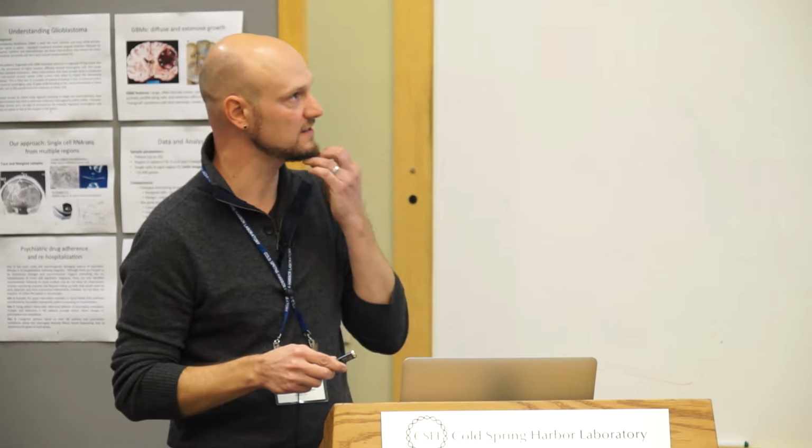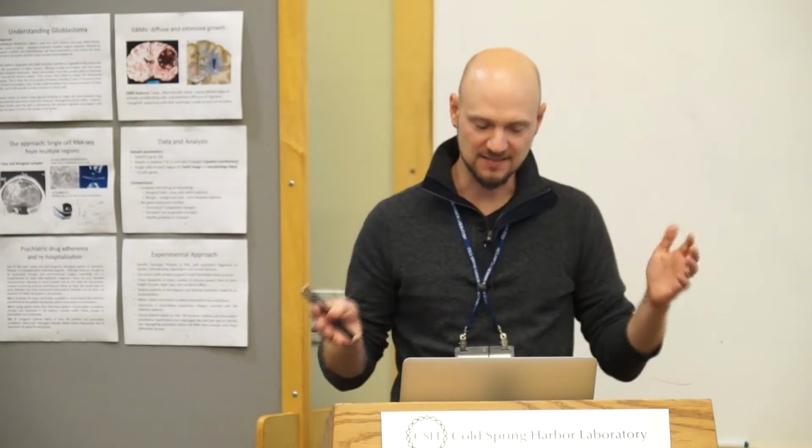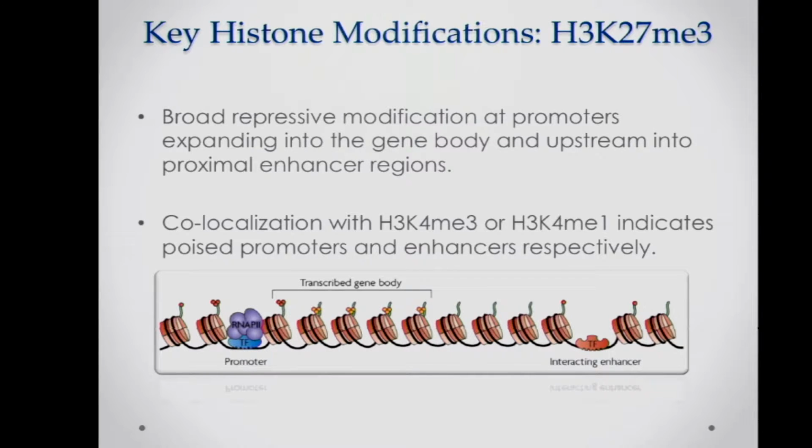And then just lastly, I'll finish up with probably another common mark, which is the H3K27 trimethylation. So in most cell types outside of human embryonic stem cells, at least I think, where this tends to form a pretty narrow peak, this forms kind of a more broad repressive peak or domain, and that spreads beyond the promoter, can spread upstream and into the gene body, and sometimes it has been shown to overlap proximal promoters, or sorry, proximal enhancers, which have also been described as poised if you have monomethylation and K27 trimethylation.